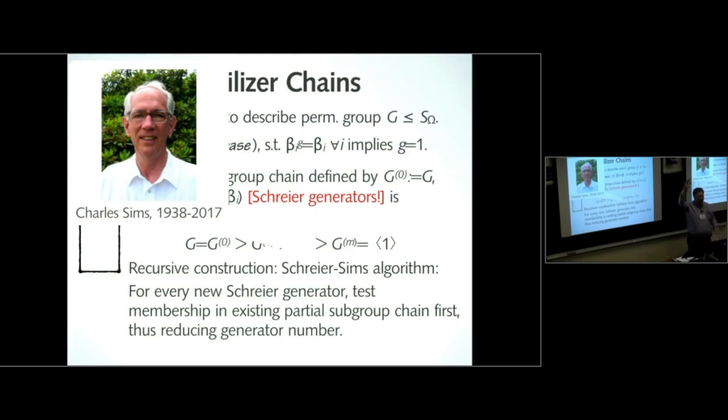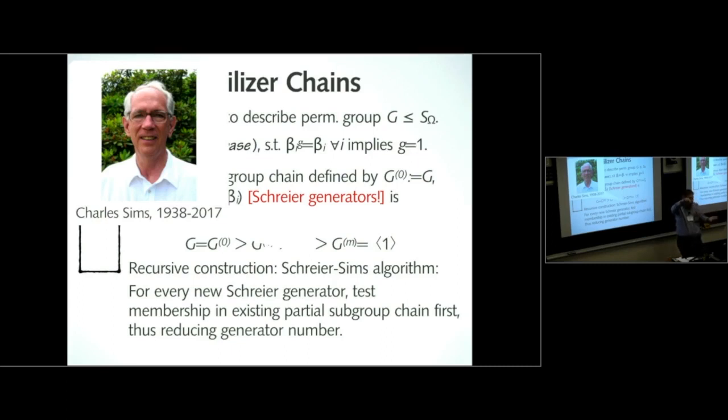So, we have already some partial subgroups given. Whenever we get a Schreier generator, we compute the orbit, we get a Schreier generator, we go one layer down. We look what is there. If there is nothing, we start with this one element and build an orbit of the next point.